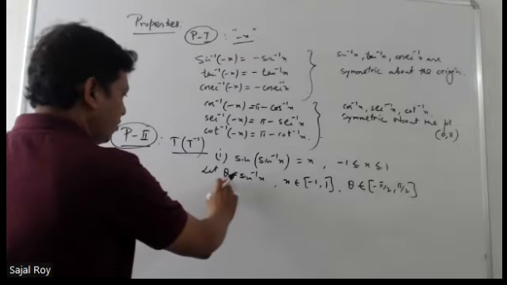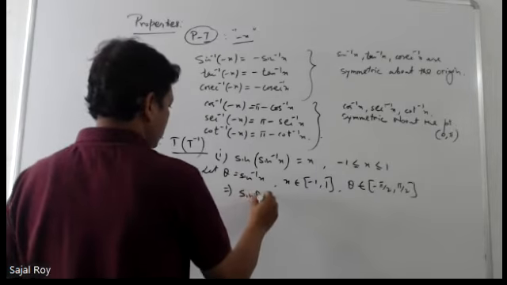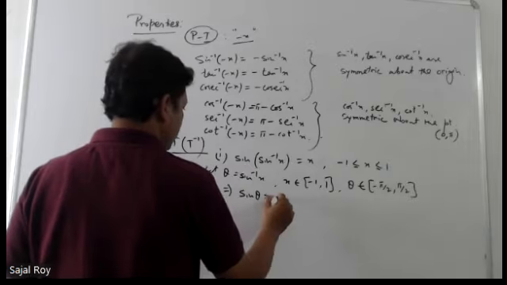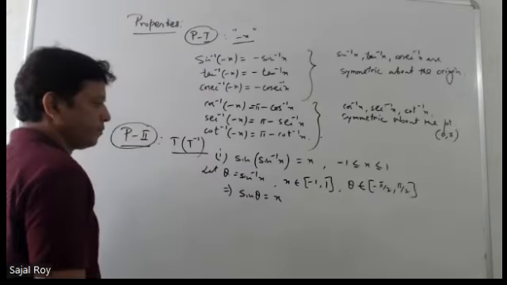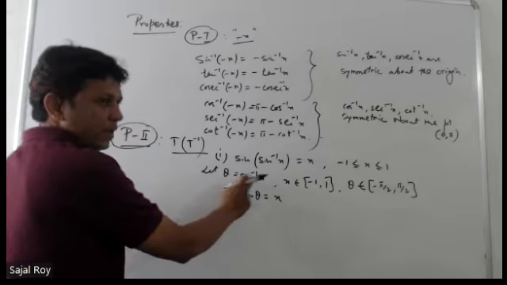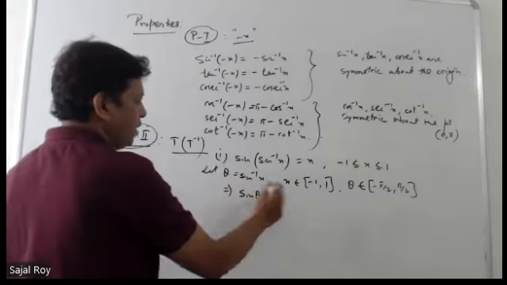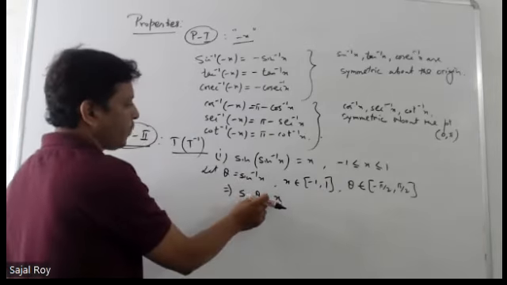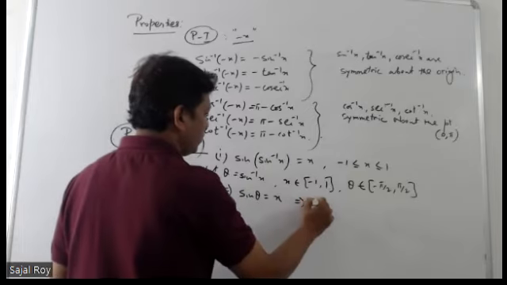So I have written theta equal to sine inverse x, which implies sine theta equal to x. If theta equals sine inverse x, then sine theta equals x. So naturally, if you replace this theta by sine inverse x, you will get this relation.